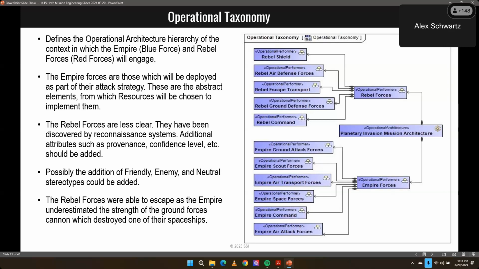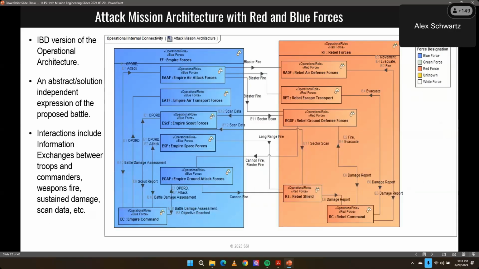So one of the concepts we added, and we didn't do a special stereotype, was a set of example provenance: where did this information come from? What is the source? What's our degree of confidence? And I'm sure as people use this, they're going to come up with additional attributes. Our intention is to build this up as part of the library.